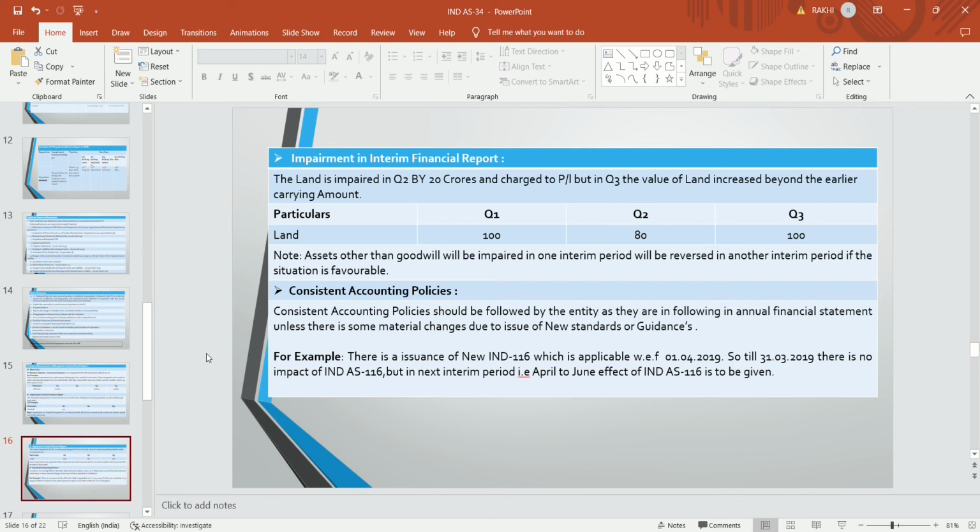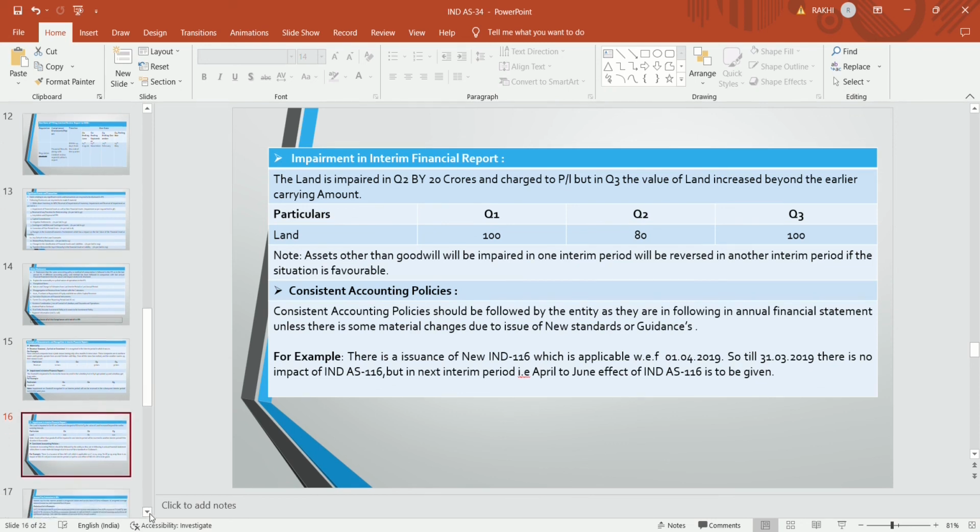But in the next interim period, if the company is preparing the interim financials for 1st April 2019 to 30th June 2019, then they have to give the effect of Ind AS 116. So for the next interim period, they are required to give the effect of the new standard.